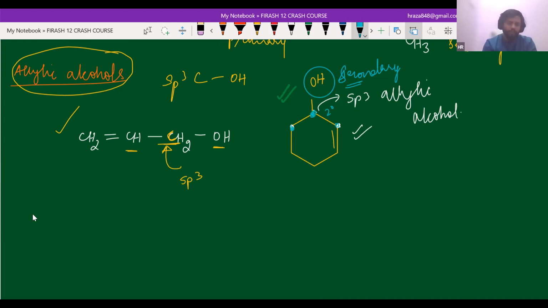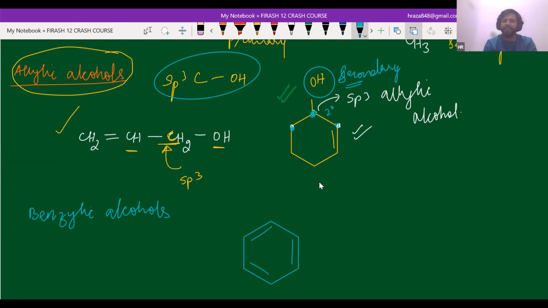Also, we are going to do this. This also comes under sp3 COH, and it is known as benzylic alcohol. In this, the concept is similar. The carbon to which OH is connected must be sp3 hybridized. Can you tell me whether this is benzylic alcohol or not?